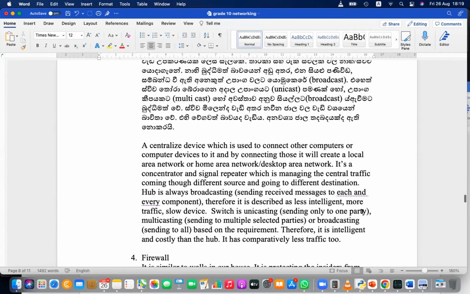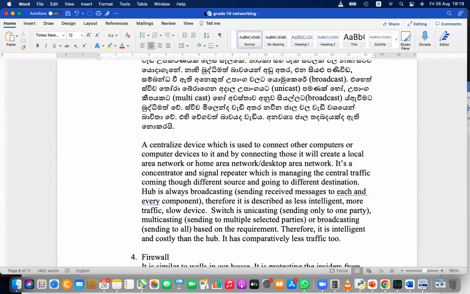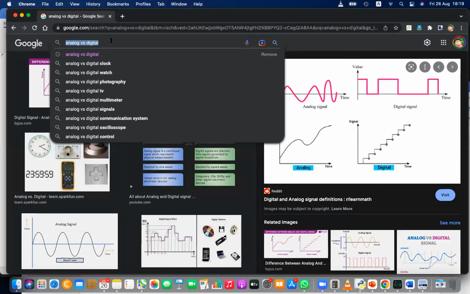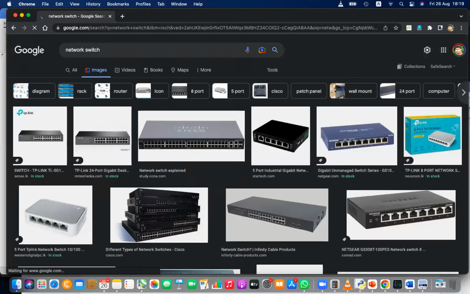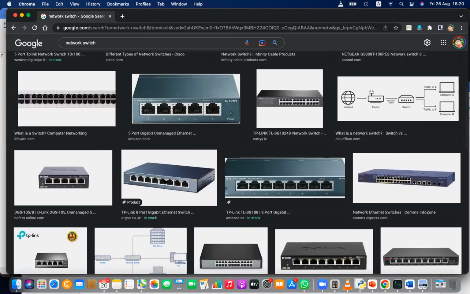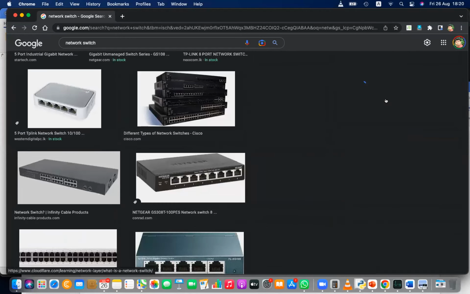Switch is basically a centralized device. A network switch or network hub. Hub is basically less intelligent. Switch is more intelligent. Both look the same. Actually, you can see this diagram.